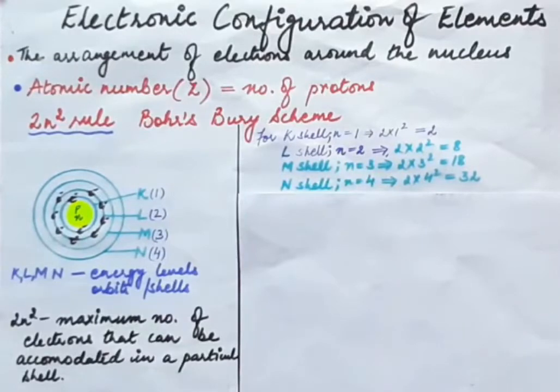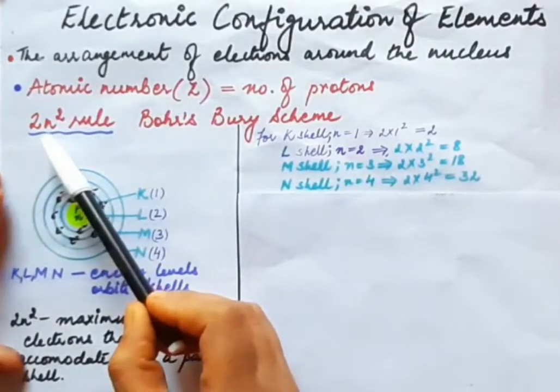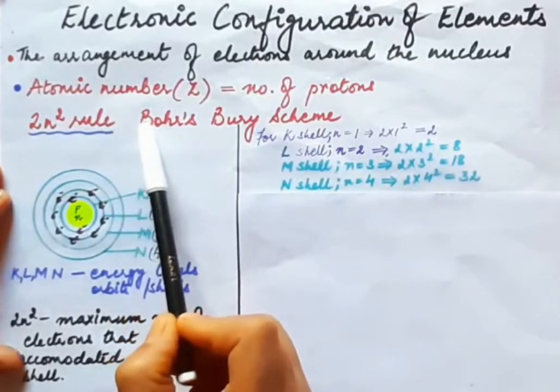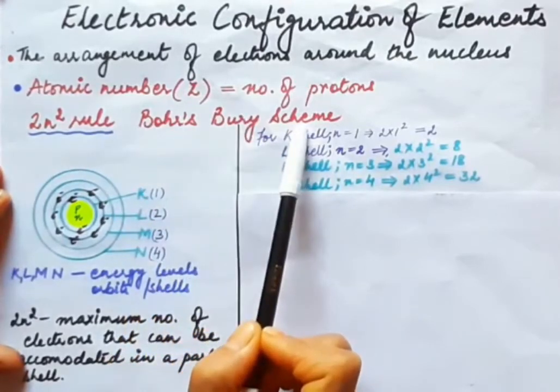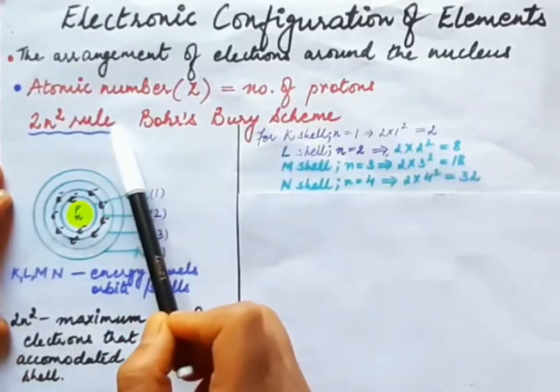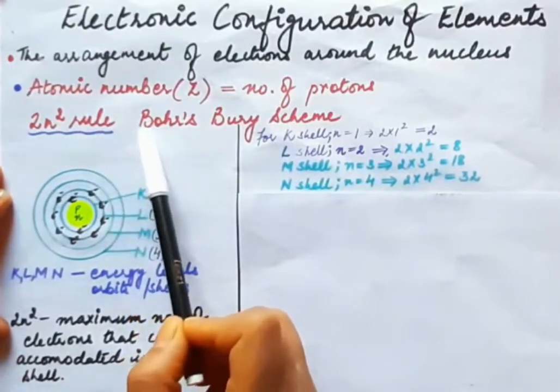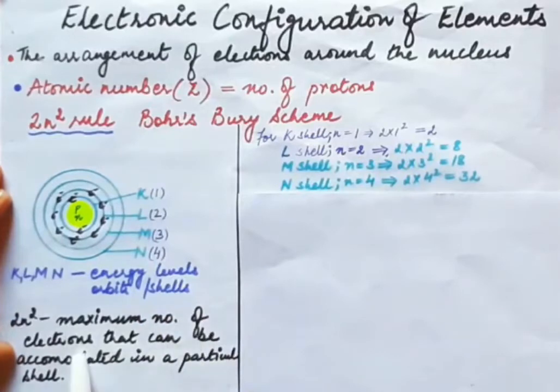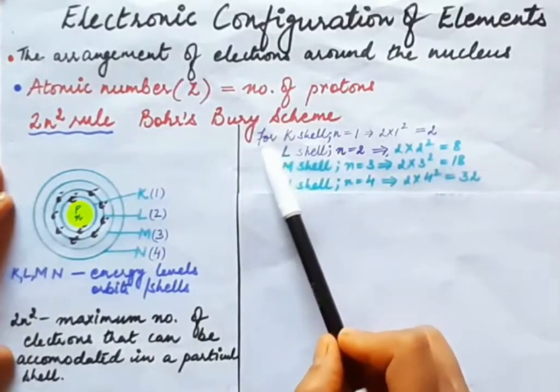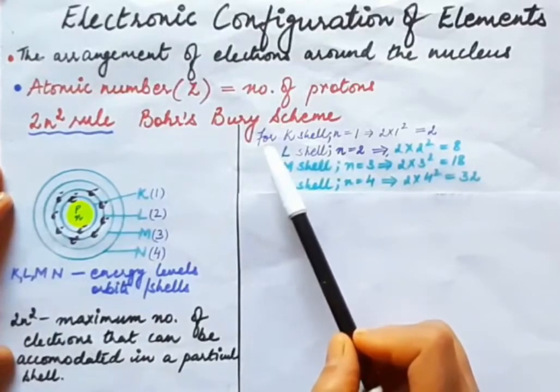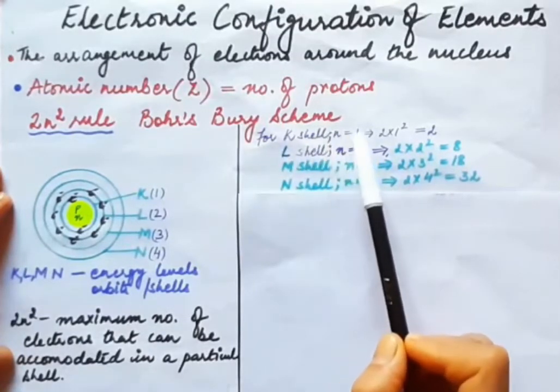Now in order to arrange these electrons around the nucleus in an atom, we follow an important rule, which is the 2n square rule, in accordance with the Bohr-Bury scheme. What is the 2n square rule? This rule helps us to calculate the maximum number of electrons that can be accommodated in a particular shell or energy level or orbit. For instance, for K shell n is equal to 1.